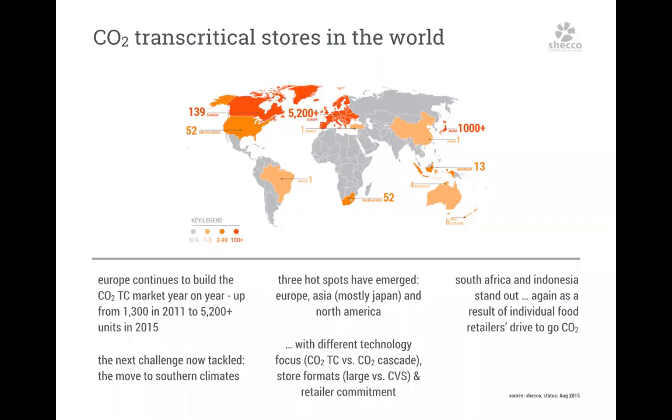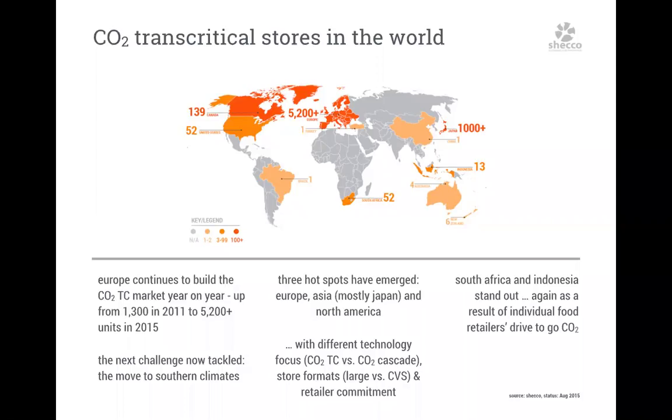It's Europe, it's Asia, mostly Japan, with 1,000 stores, and North America on the other side. But what we need to understand is that we are talking about different technologies. For example, in Japan, the 1,000 stores is mostly related to convenience stores, so smaller store formats, whereas in Europe and North America, we are talking more about medium-sized to large store formats.